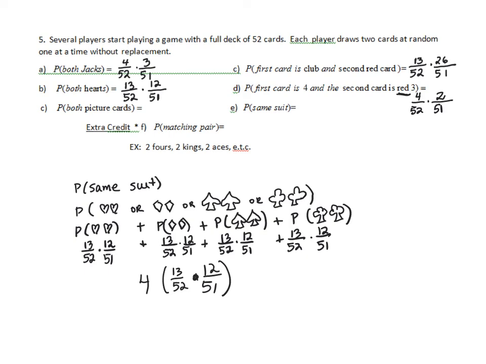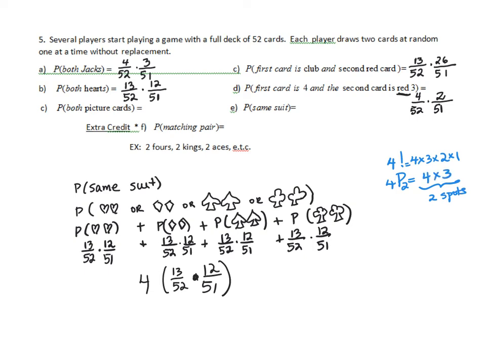Let's look at permutations. If you recall from the previous video, 4 factorial is 4 times 3 times 2 times 1. But 4p2 means that we've got 2 spots and we count 4 times 3.